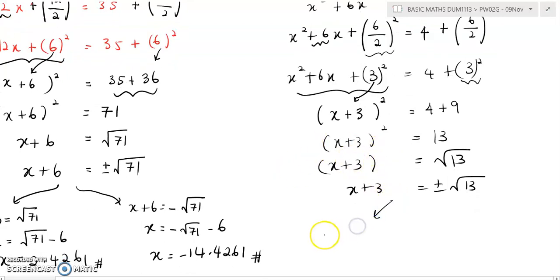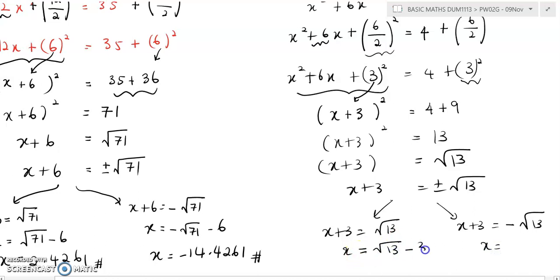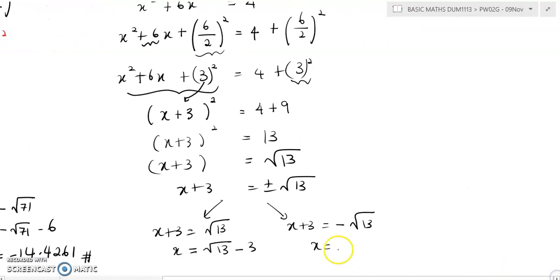The first one is x plus 3 equals positive square root of 13, and another one is x plus 3 equals negative square root of 13. Now you just need to solve for the x value. So x is square root of 13 minus 3, and for this one, x is negative square root of 13 minus 3.